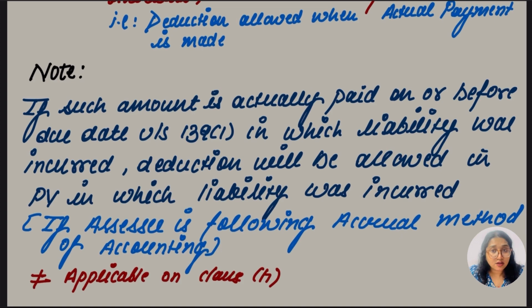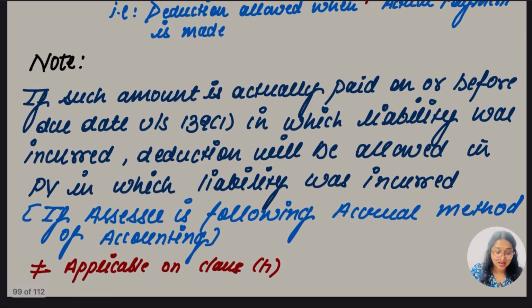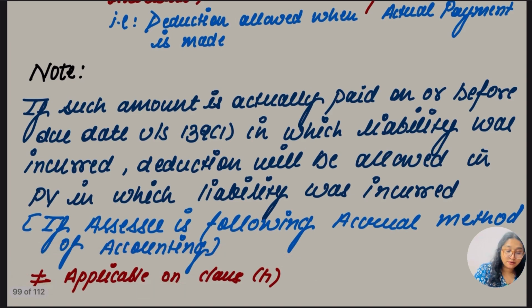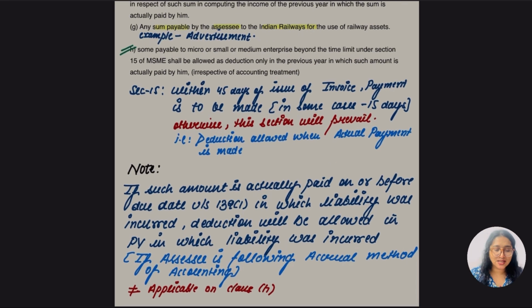But what if the SSC has paid these points which we have read before the due date under section 139 subsection 1? Then also the deduction would be allowed in that year in which the liability was incurred, if you have paid before the due date. But this point is not going to be covered for the MSME part.